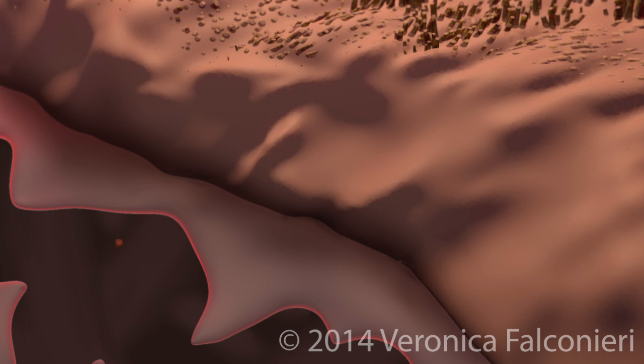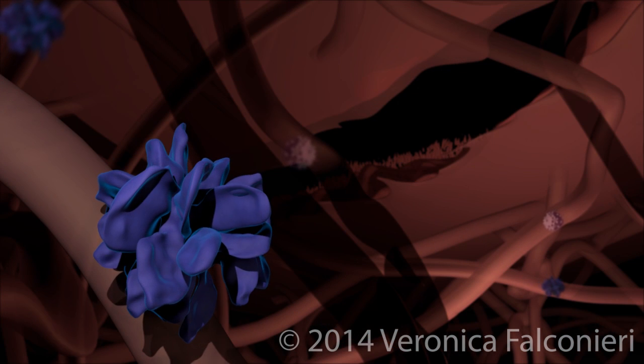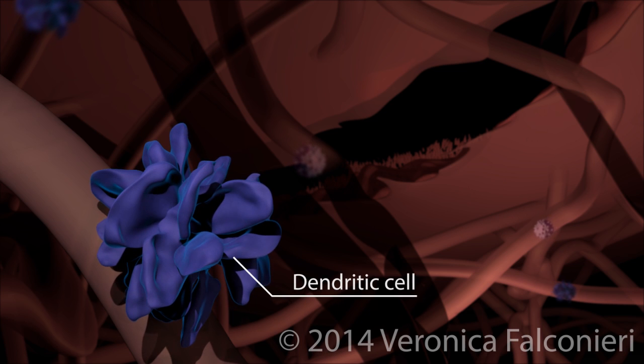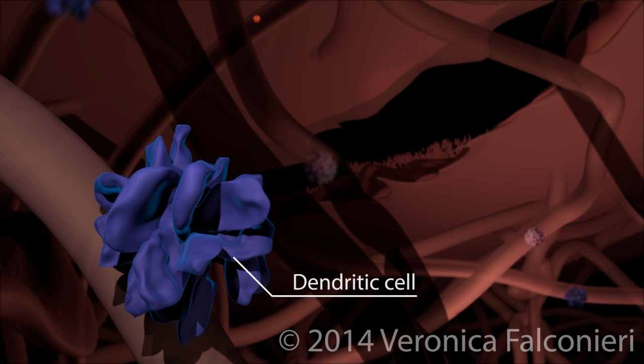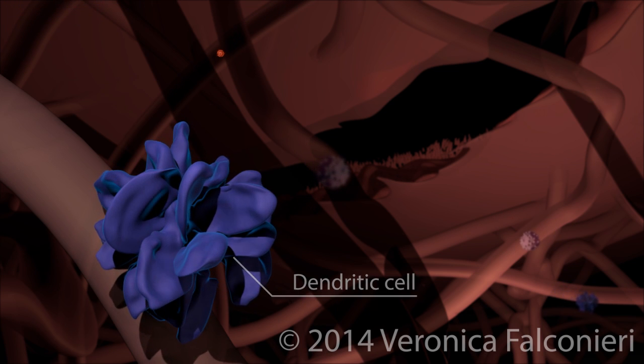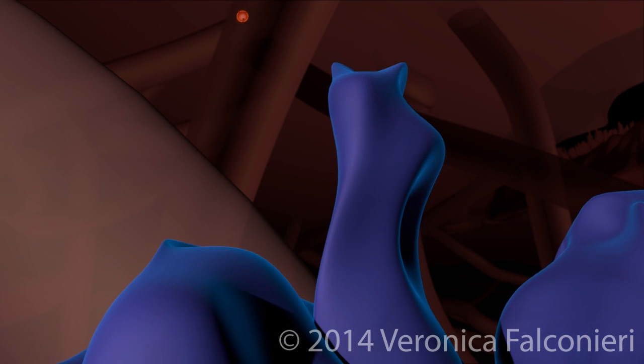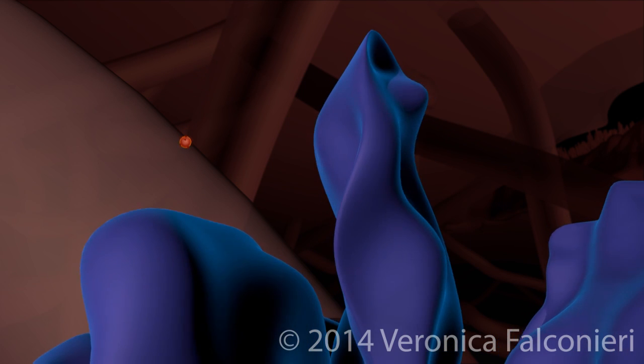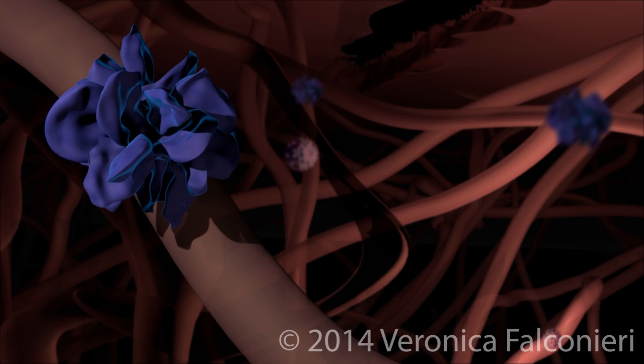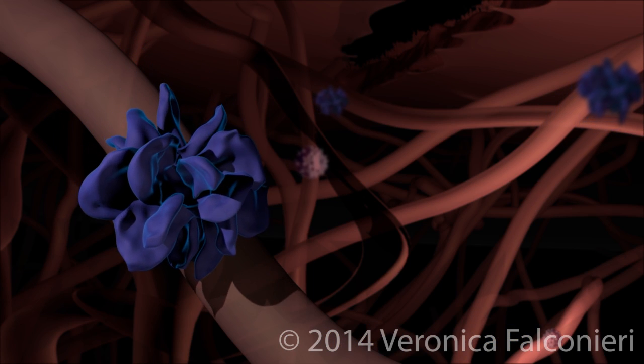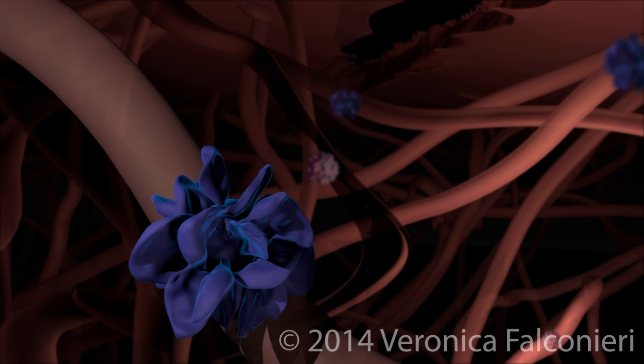Once in the underlying tissue, a patrolling immune cell, known as a dendritic cell, may be the first immune cell to find HIV. Dendritic cells have molecules on their surface to which HIV sticks. The dendritic cells surround and carry the HIV in deep tunnel-like folds in their surface. HIV may infect these patrolling cells or other cells in the tissue environment.